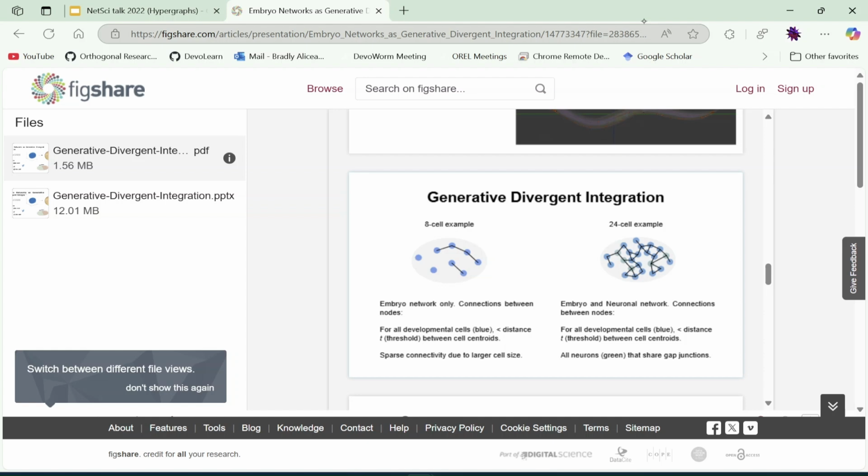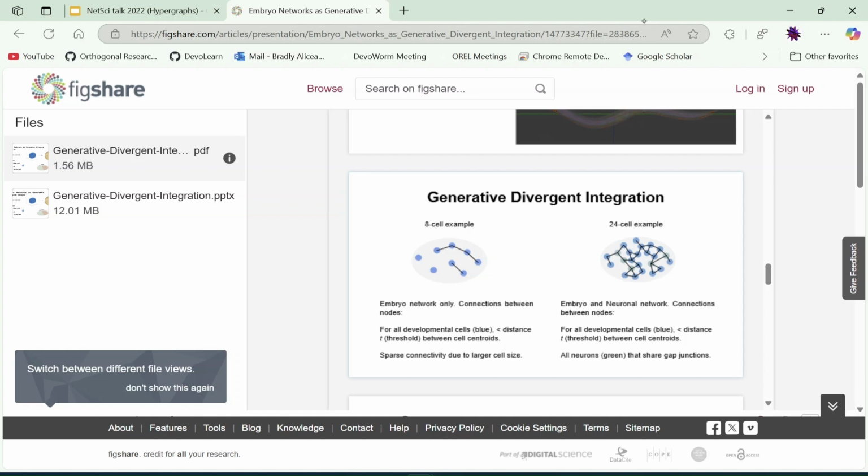You start to get some clustering in different parts of the embryo. If you look at this gray oval, which is the embryo, you get the opportunity for weak ties, as well as these highly dense communities.